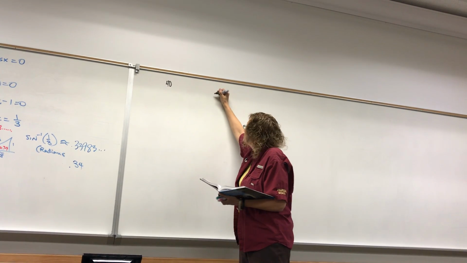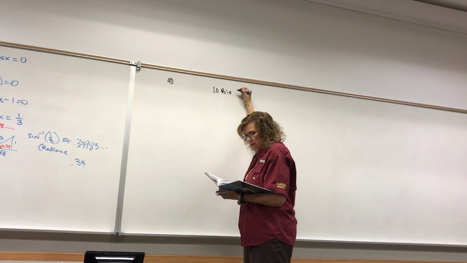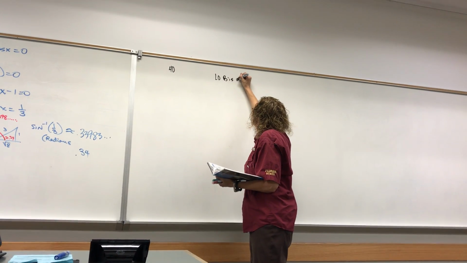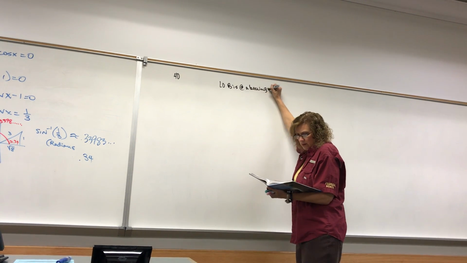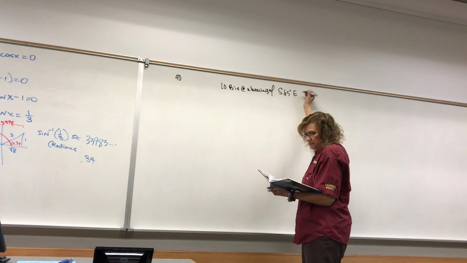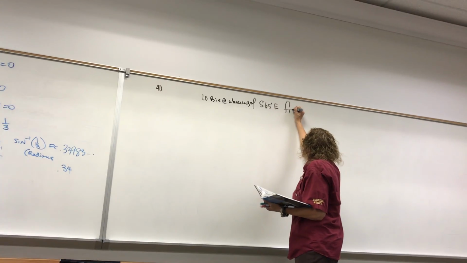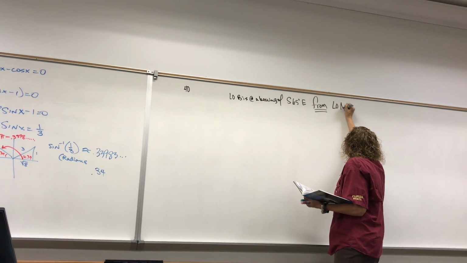Lookout B is at a bearing of south 65 degrees east from lookout A.